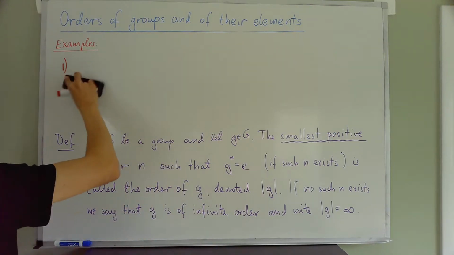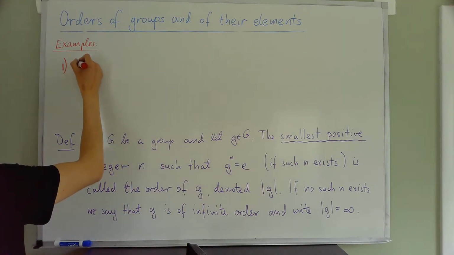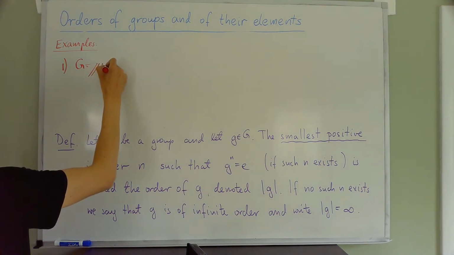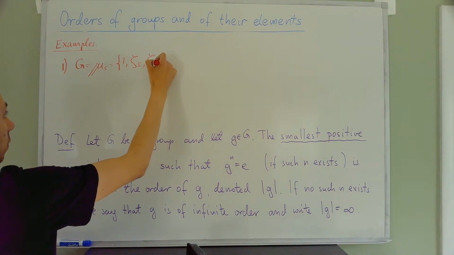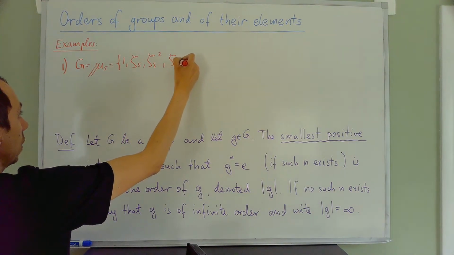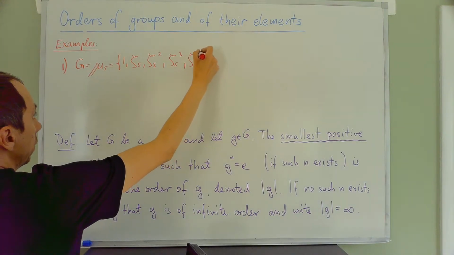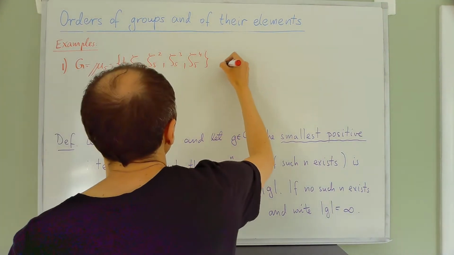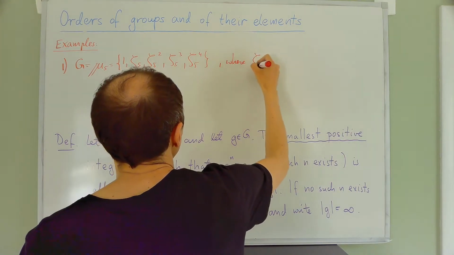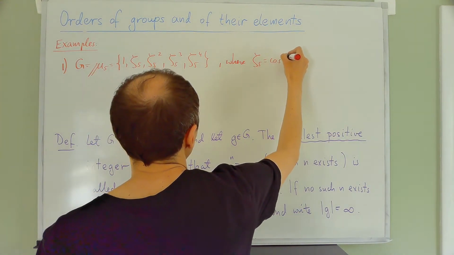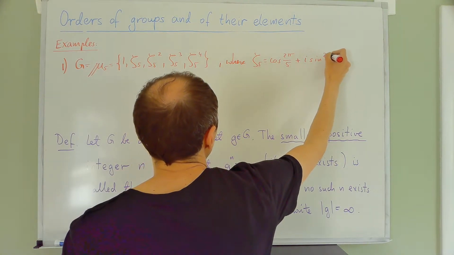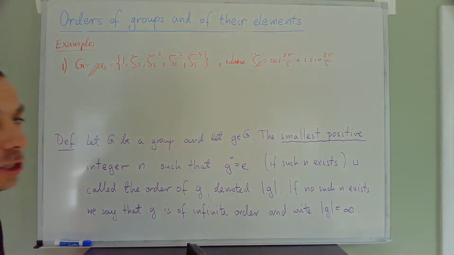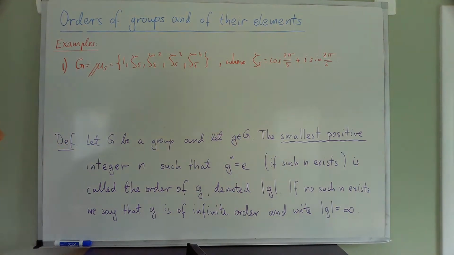Let's take the group G to be mu5. So I have 1, zeta 5, zeta 5 squared, zeta 5 cubed, and zeta 5 to the 4th, where zeta 5 is cosine 2 pi over 5 plus i sine 2 pi over 5.